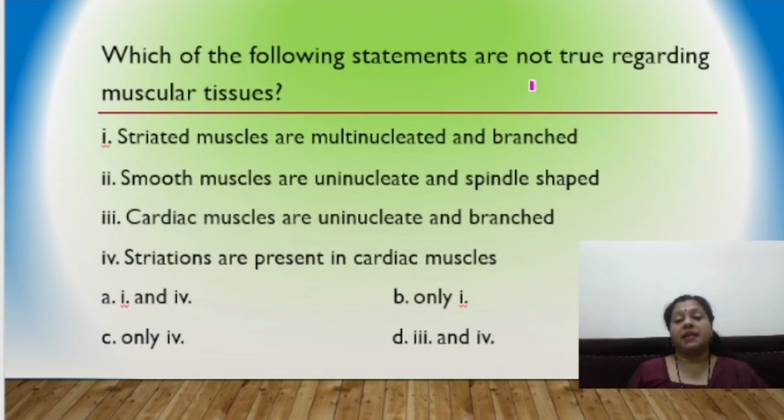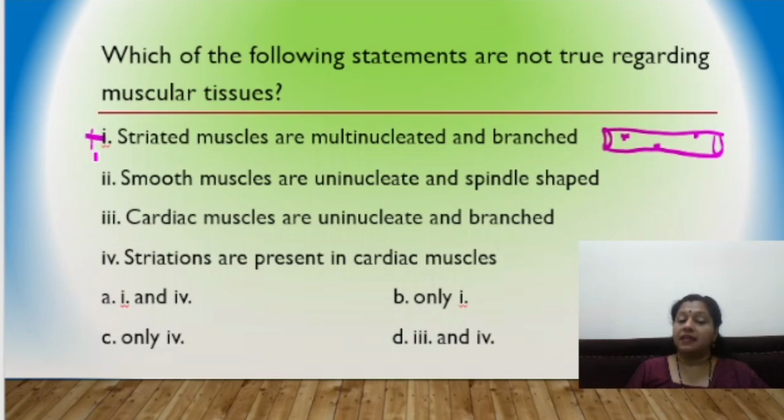Which of the following statements are not true regarding muscular tissue? Striated muscles are multinucleated and branched. If you remember, it is an unbranched structure, but it is multinucleate. So this first statement itself is not true, but we will see if anything else is not true. Smooth muscles are uninucleate and spindle shaped. Yes, of course, that is correct.